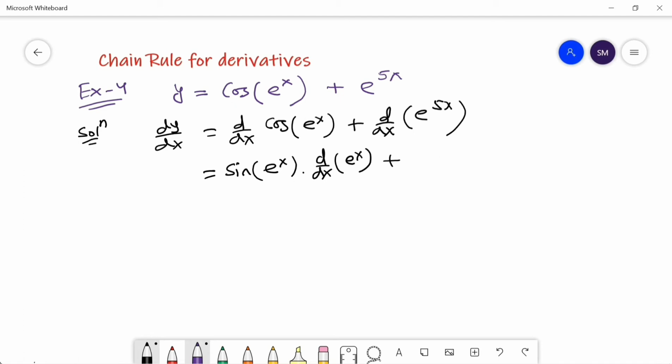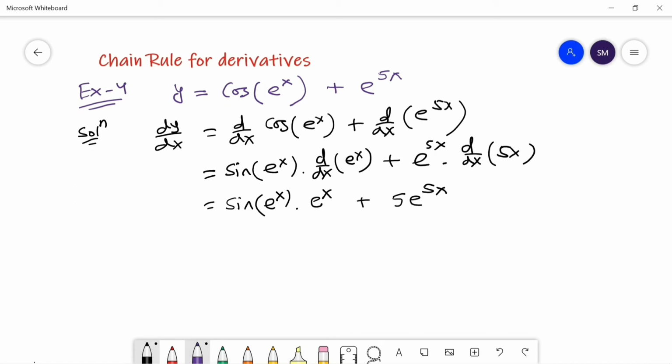So derivative of e to the power is e to the power 5x, and then derivative of the inside function is 5. So minus sine e to the power x multiplied by e to the power x plus 5 e to the power 5x.